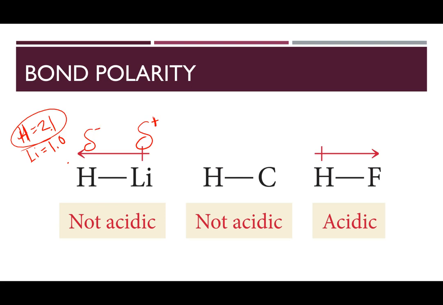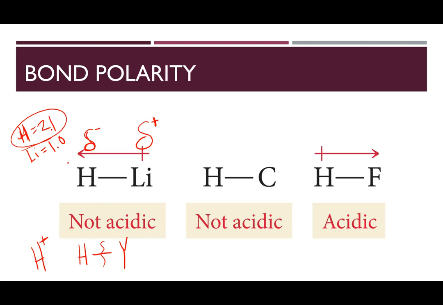Well, that's not going to make for an acidic situation, because for an acid, when this bond does break, what is the charge on the hydrogen? Yeah, it's got to be a positive charge, right? It's got to lose that electron.